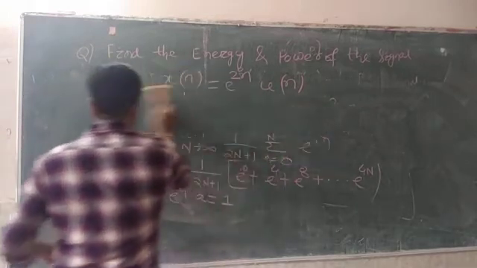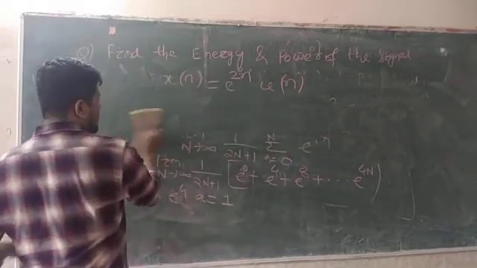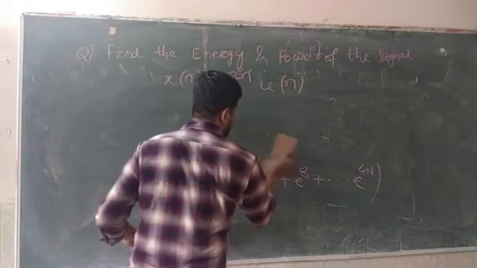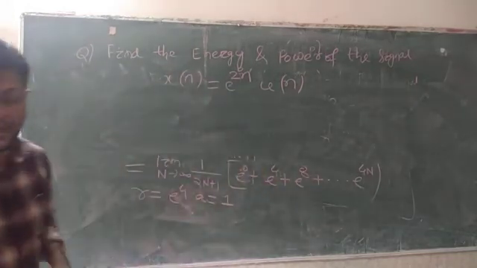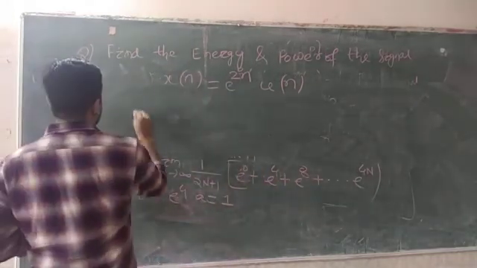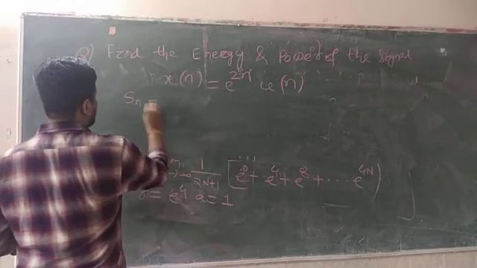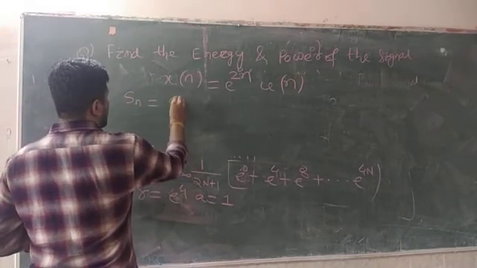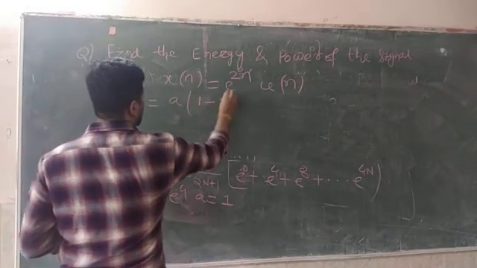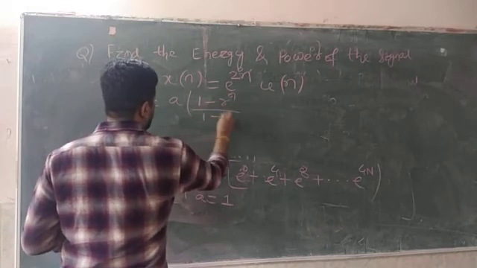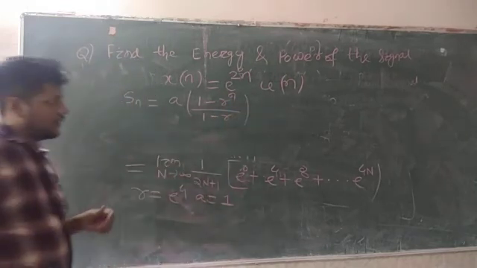Because this is a finite series, not an infinite series, the formula is Sn is equal to a into 1 minus r to the power n divided by 1 minus r.